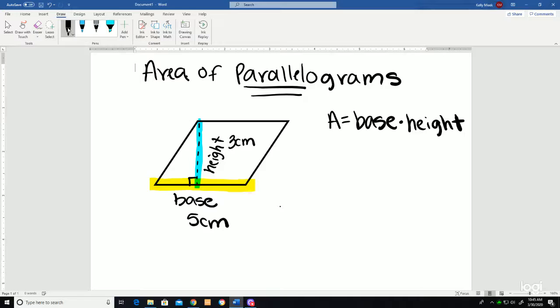To find the area here, we would take our base, which is 5 centimeters, and multiply it times our height, which we said was 3 centimeters. So our area for this shape is going to be 3 times 5, which is 15 centimeters.